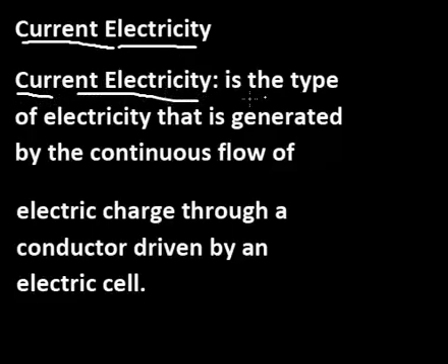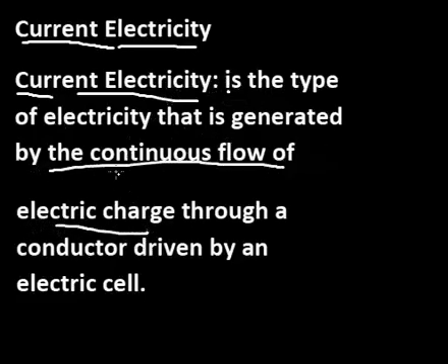Current electricity is a type of electricity that is generated by continuous flow of electronic charge through a conductor, which is driven by an electric cell.